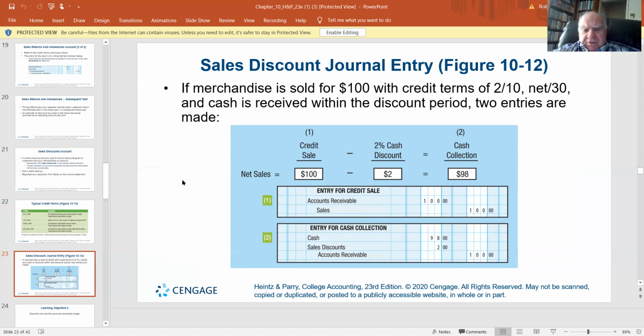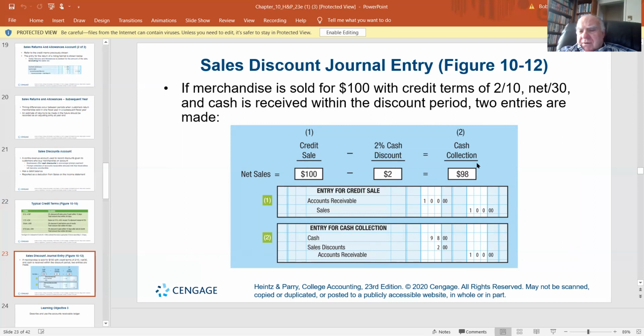And it turns out the customer did pay us on time and did take the discount. So let's take a peek at that. We debit cash for $98, debit sales discount for 2, credit AR for 100. Let's look at that one more time. This customer owed us $100. They were entitled to take the $2 discount.